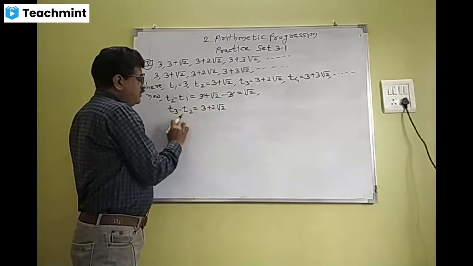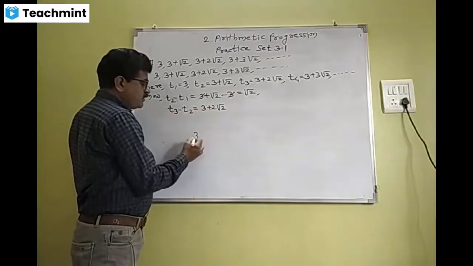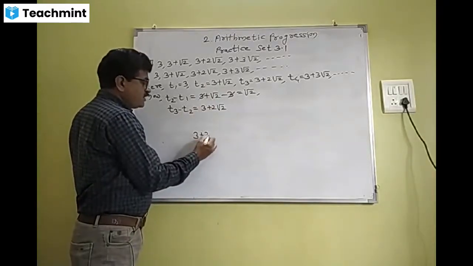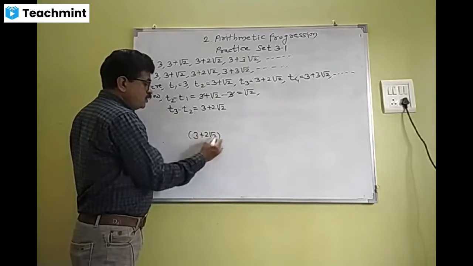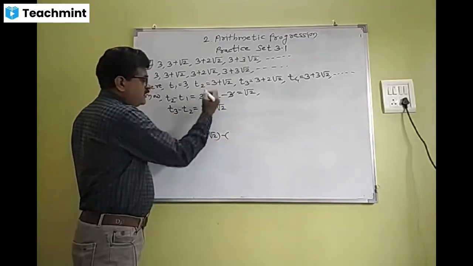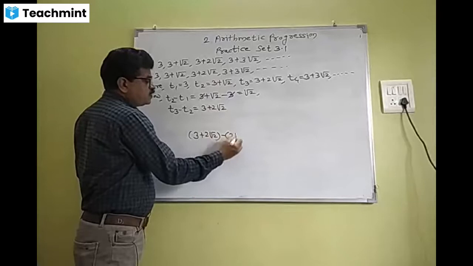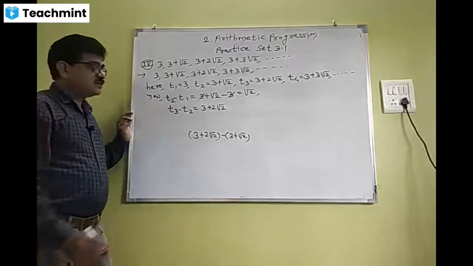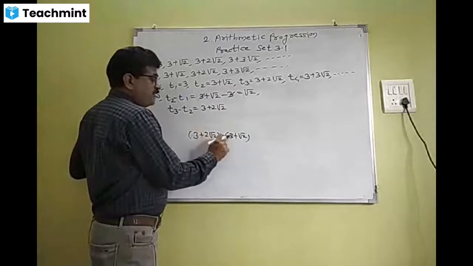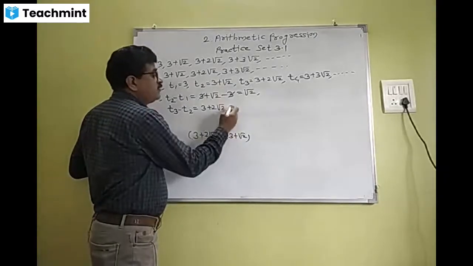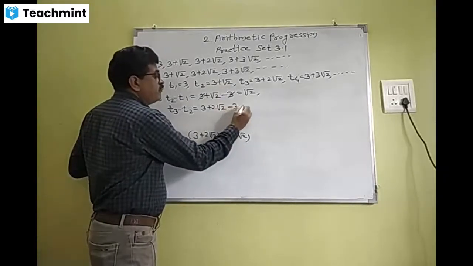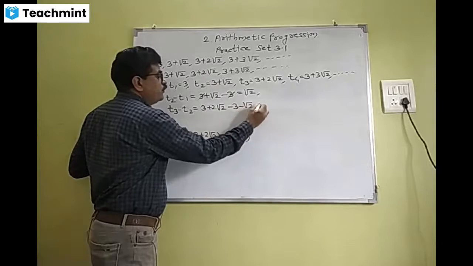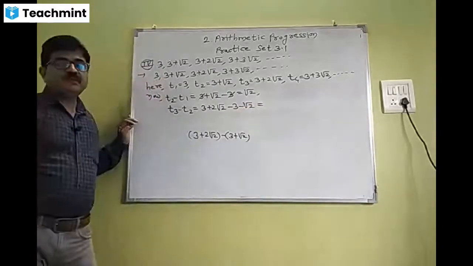But म्हणजे कसं लिहिता येईल असं एक स्टेप आपण कमी लिहू. 3 plus 2 root 2 minus T2, that is 3 plus root 2. यावरून आपल्याला डायरेक्ट कसं लिहिता येईल? Multiplying by minus sign, that is minus 3 minus root 2 is equal to.